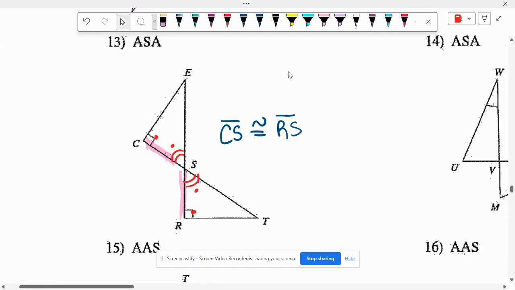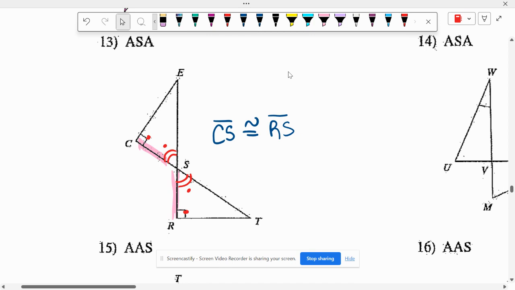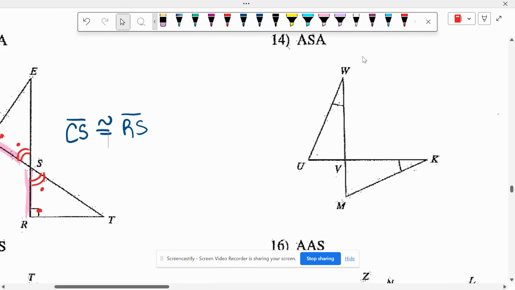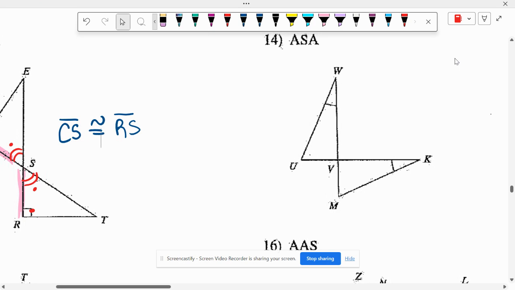Number 14, I want to use angle, side, angle again. So what am I missing for number 14? I have a congruent angle to a congruent angle. What do I know? There are vertical angles. This is a vertical angle right here.